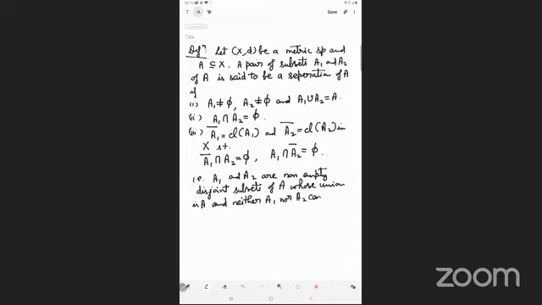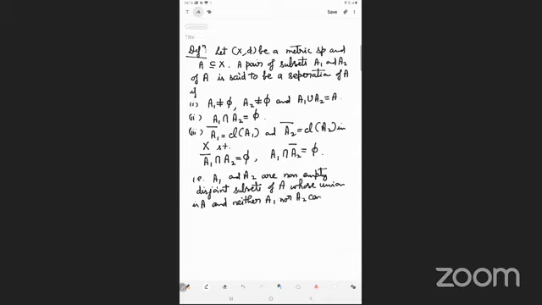Again, here I'm taking R with a usual metric. Then I consider a subset A, open interval, this one, and A1, suppose taking open interval 0, 1, and A2 is 1, 2.